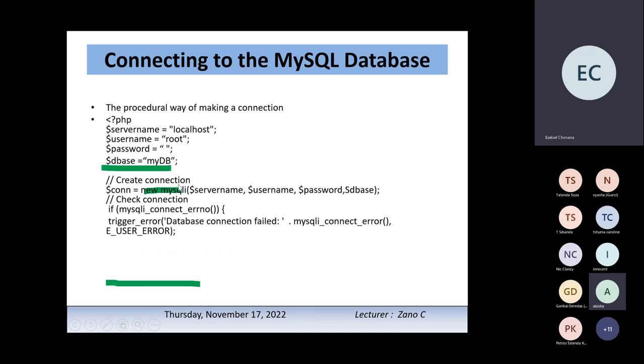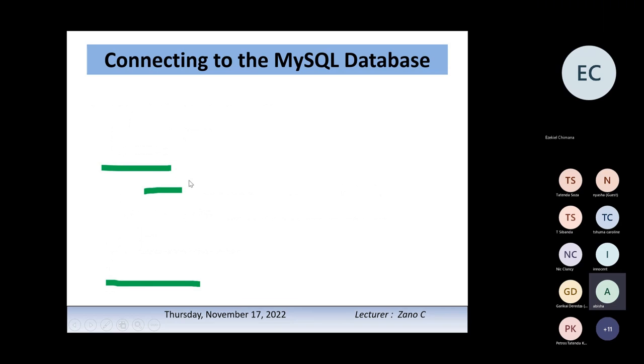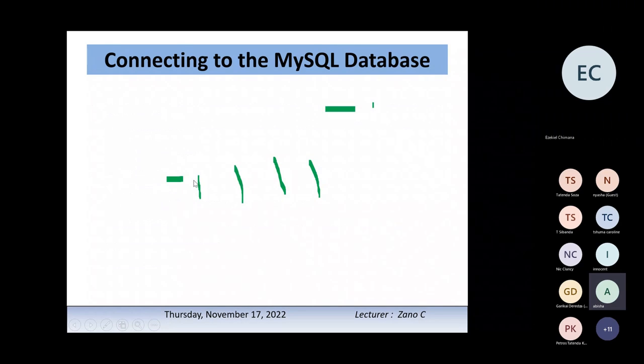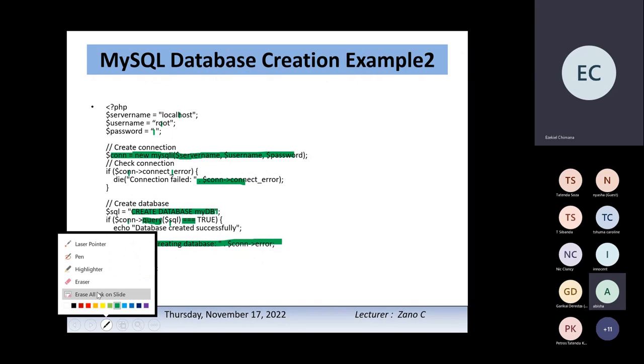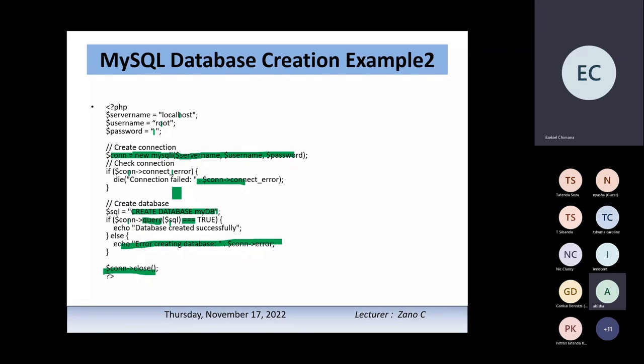If you are using die there, it's a function in PHP that you'll be using to print the error, and then you close the query just at that moment after using this function.